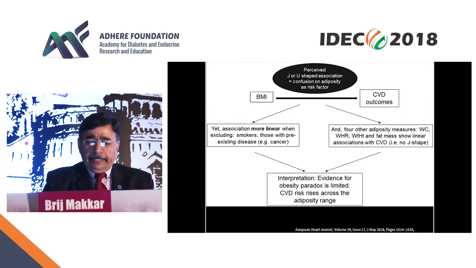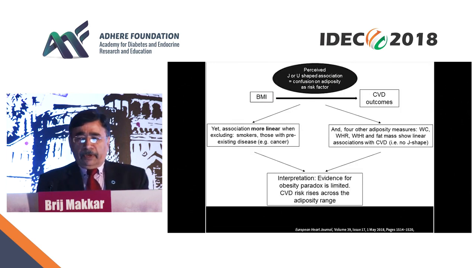So according to this study, BMI may be confounded by pre-existing comorbidities or illnesses, and may not relate very well to CVD risk, while other parameters, which include waist circumference, waist to hip ratio, waist to height ratio, and so on, actually have a linear association. The study interpreted that evidence for the obesity paradox is limited. CVD risk rises across the range of adiposity.